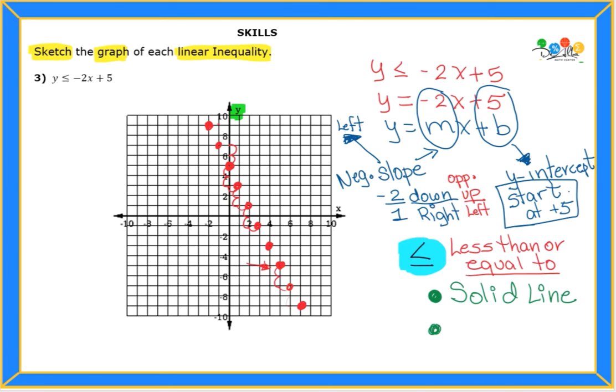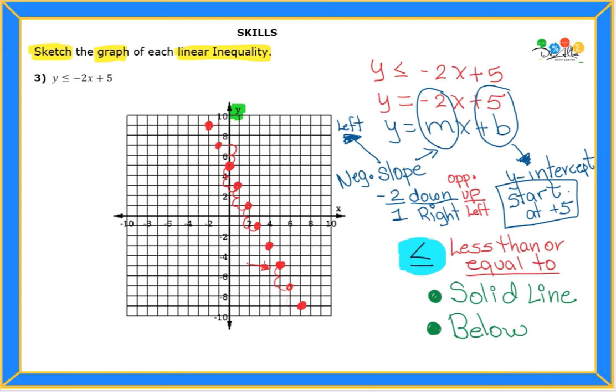Second, since my symbol says less, think about what less means. Less cannot be above, because when something is less, we're talking about something lower, right? Okay, lower means below. So what does it mean by below?